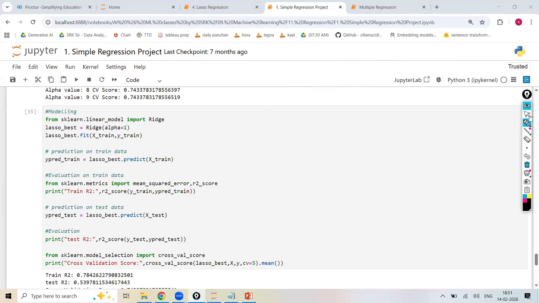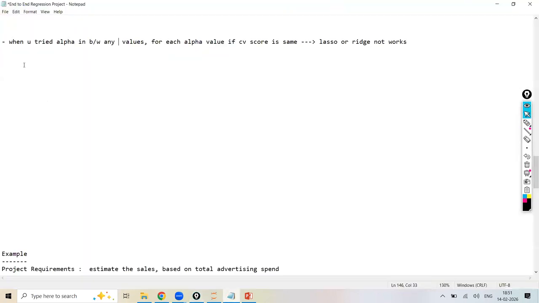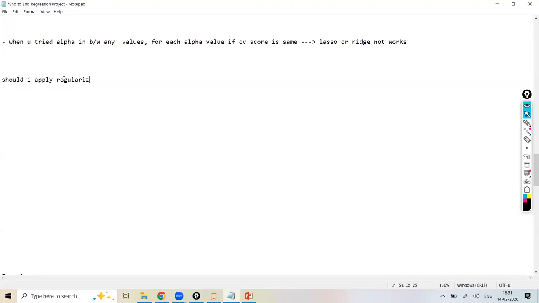properly. Now, sir, can I say like this? My question is, should I apply regularization techniques only if the linear regression model has an overfitting problem?